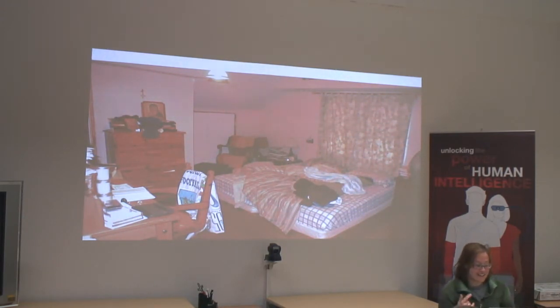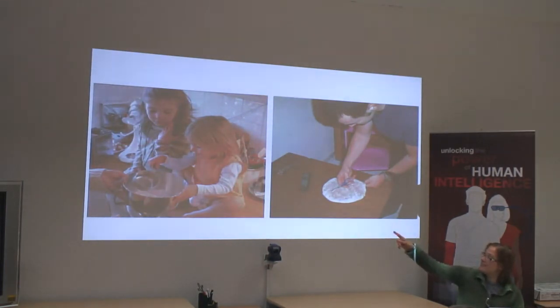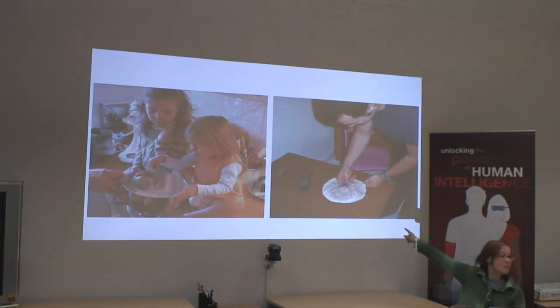And this is one thing about the messiness of context. But another thing is how creative people can be in their own contexts. And this is an example. This is a mom cooking with her two daughters, and she's cutting a frozen pizza with scissors.